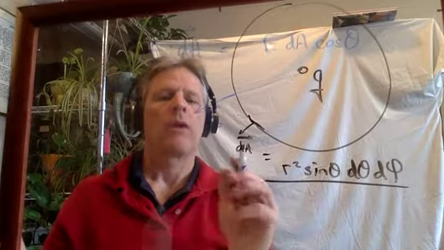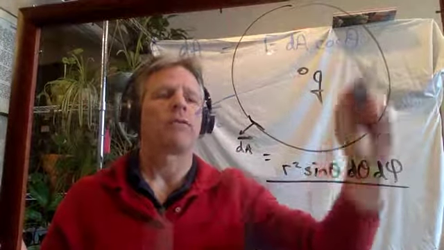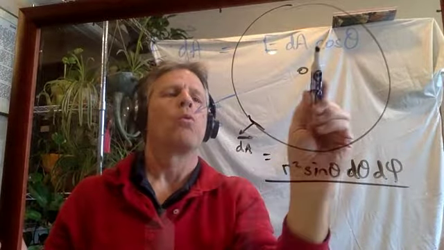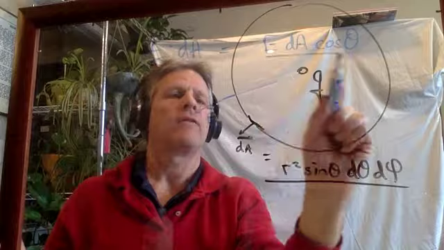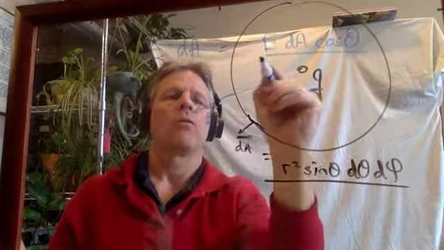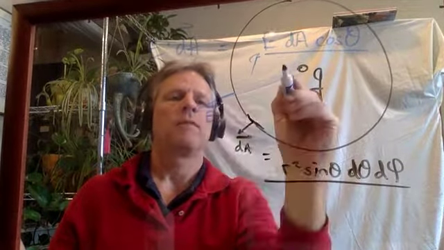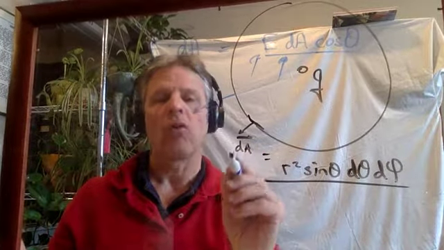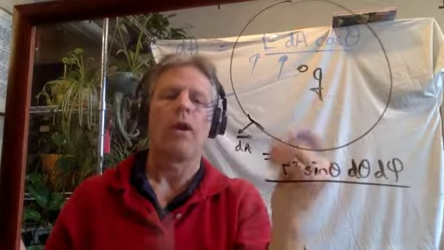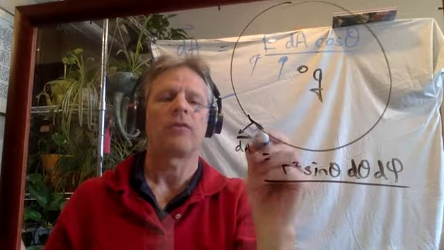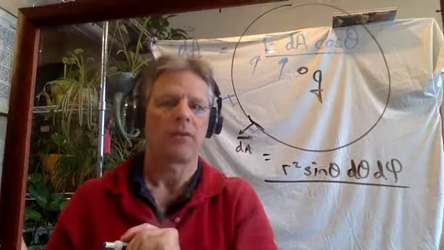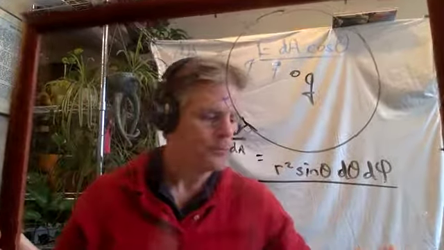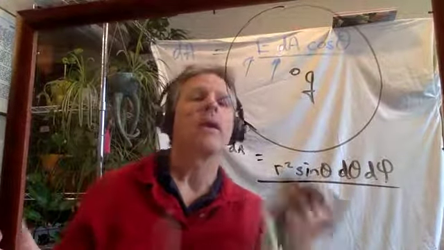Okay, so the question is, as we go around the sphere, every single spot on the sphere, will any of these values change? No. E is going to stay the same. dA is going to stay the same. The cosine theta is always going to be equal to 1 because theta equals 0, because they're both perpendicular to the sphere. So all we need to do is just integrate.